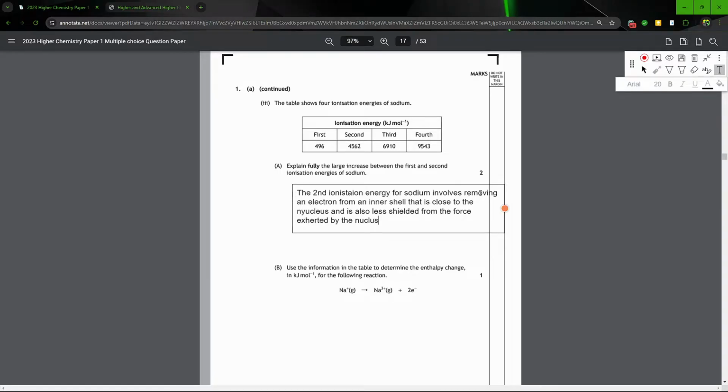Oh man, I'm so good at this. There we go. Exerted by the nucleus by inner shells.